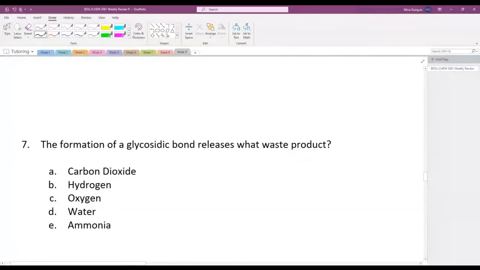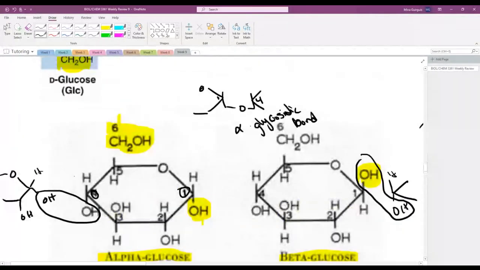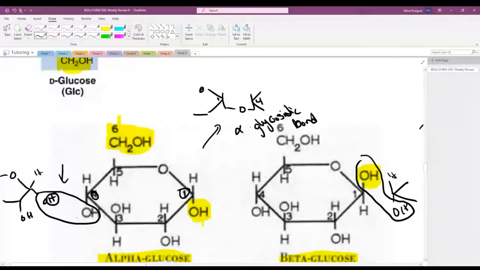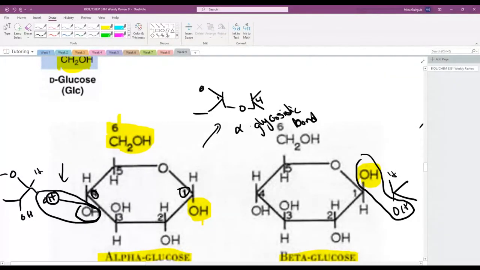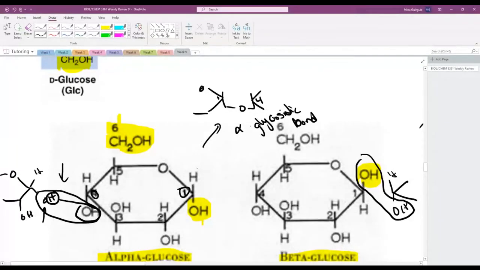Yeah, it releases water. Because, scrolling back up to here, when these go to react, our end result is one oxygen keeping them together. So this hydrogen and this OH leave as water. This oxygen keeps them together. Okay? Or I should say one of the oxygens.